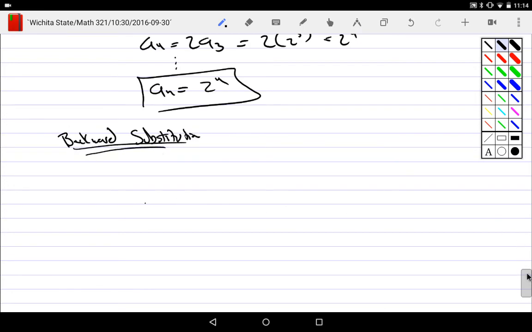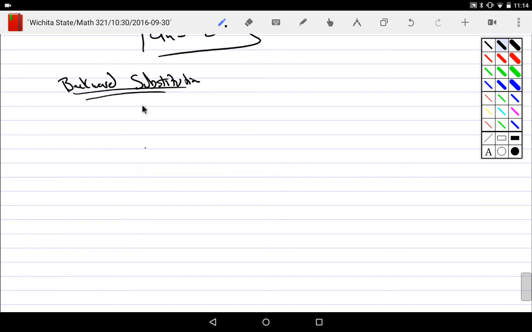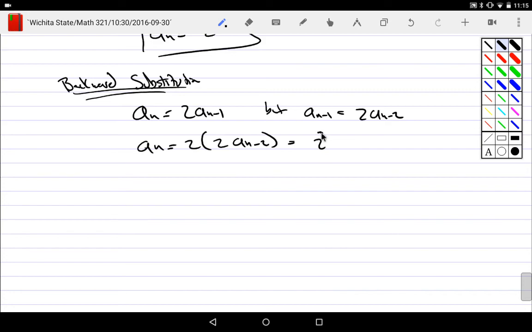Backward substitution is this. A sub n is twice a sub n minus 1. But what is a sub n minus 1? That's twice a sub n minus 2. So that tells me that a sub n is twice a sub n minus 2, which is 2 squared a sub n minus 2.